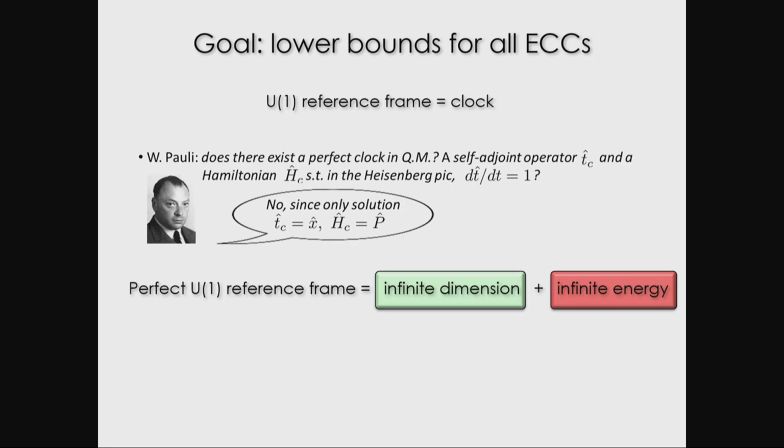So this observation motivated us to then study imperfect clocks of finite dimensionality. And the nice thing is that people have studied these clocks quite a lot, so there are quite a lot of examples in the literature, and we could use these to see how well one can create a covariant error correcting code.